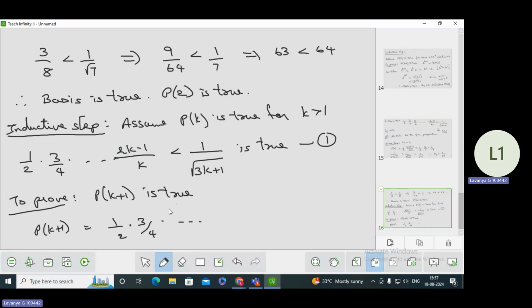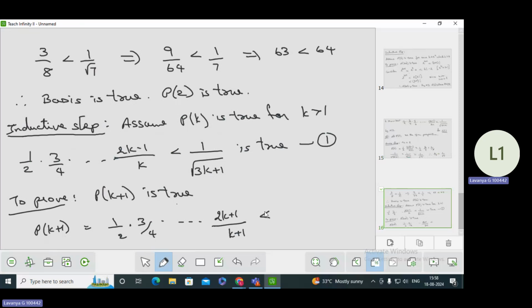So 2k minus 1 will now become 2 into k plus 1 minus 1, which is nothing but 2k plus 1, divided by, in the denominator, I should have 2 into k plus 1. Isn't it? K is replaced by k plus 1. Okay.